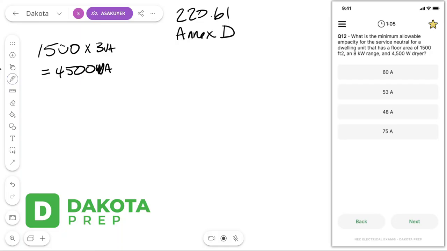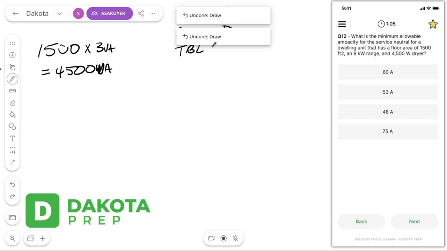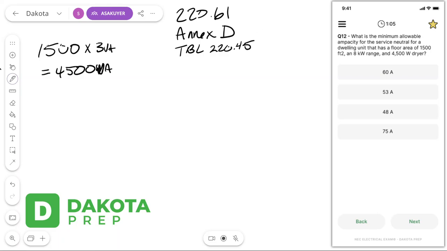Now we look at table, not for 2, let's not jump the gun here, 220.45. All right, that allows us to apply demand factors. It says, hey, your first 3,000, let's go ahead and pull those out. That's 100%. We're left with 1,500.